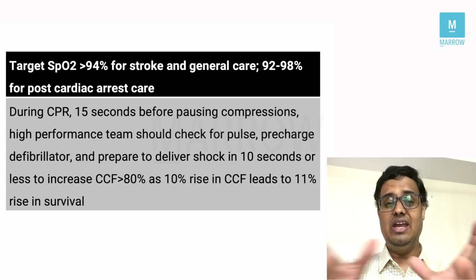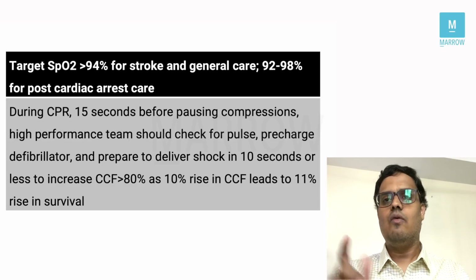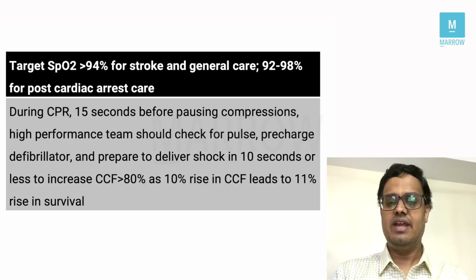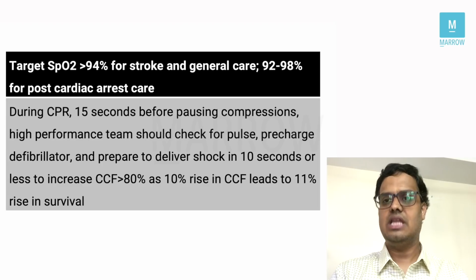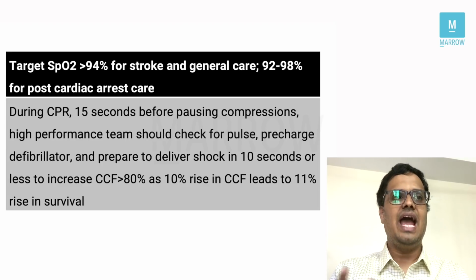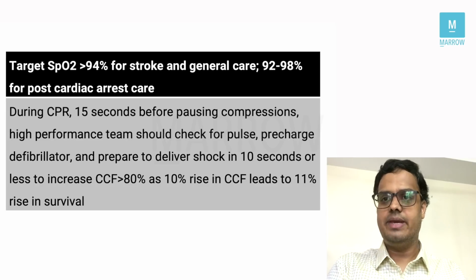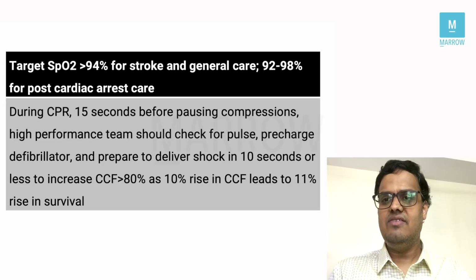So there is a very good time gap in the chest compressions. What they have said in the recent recommendations is that during CPR, 15 seconds before pausing the compressions, the high performance team should check for the pulse, pre-charge the defibrillator, and prepare to deliver the shock.